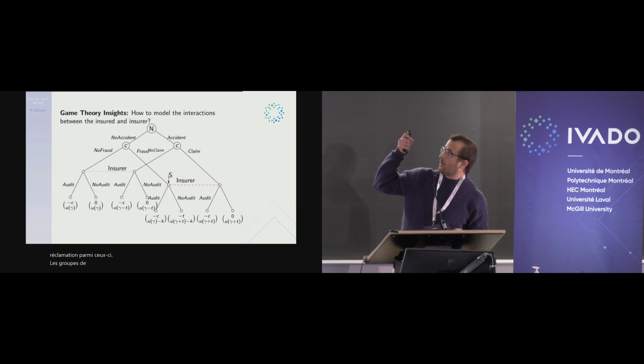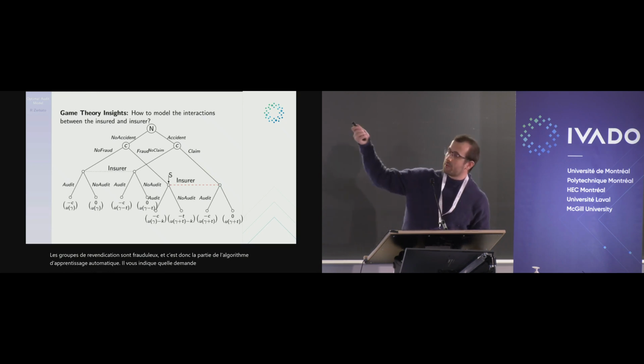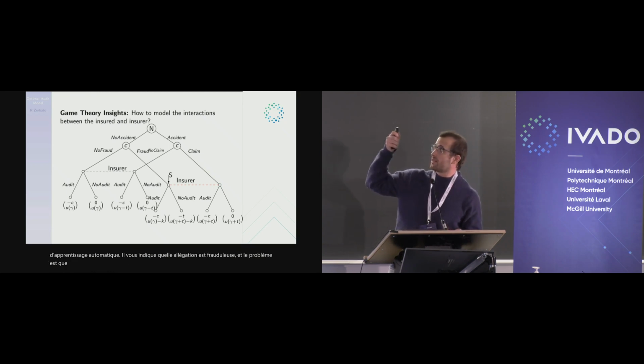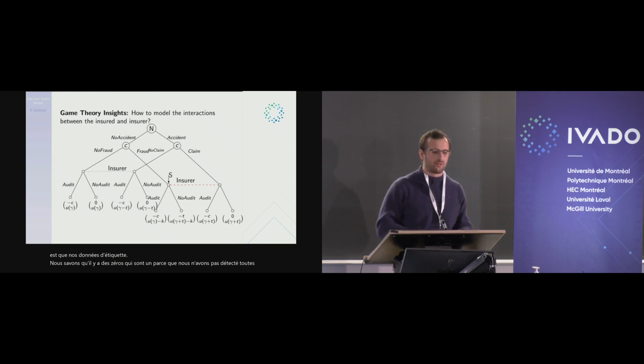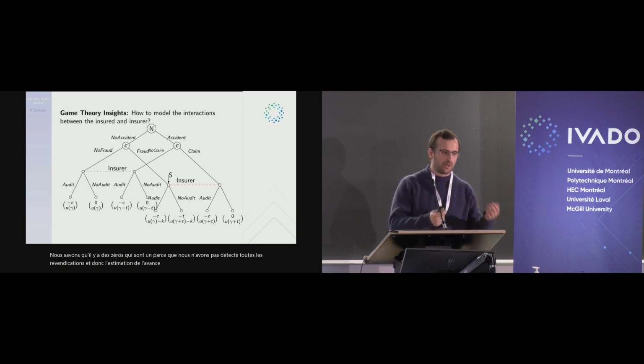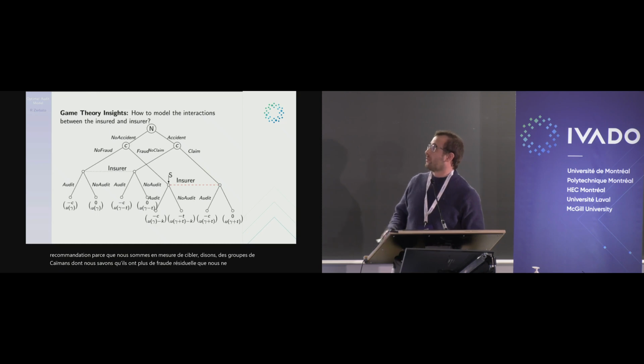This is the part of the machine learning algorithm. It tells you which claim is fraudulent. And the problem is that in our labeled data, we know that some of the zeros are actually ones because we haven't detected all the claims. So estimating the global fraud rate gives us an additional insight. Again, it helps us create a better recommendation system because we are able to target groups of claimants that we know have more residual fraud that we do not know about.